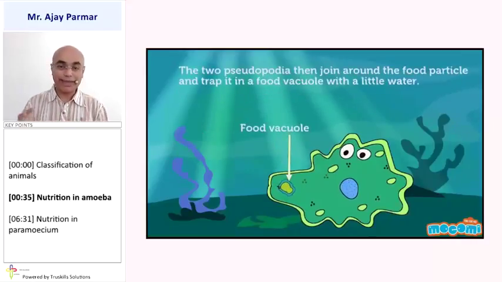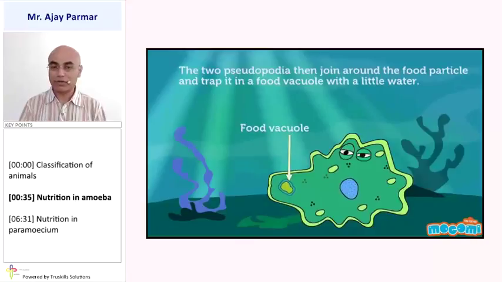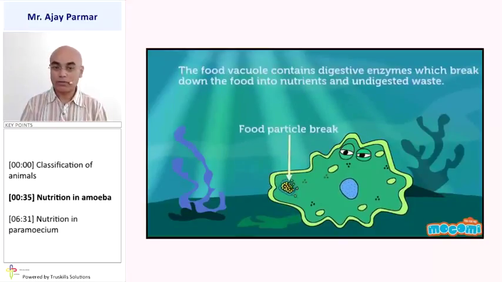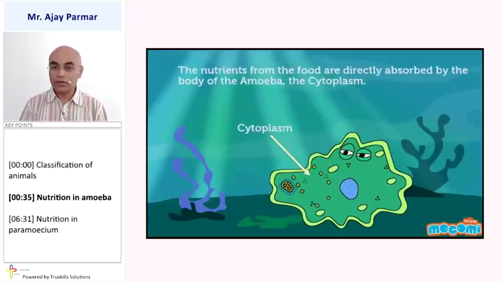That food vacuole will be acted upon by the enzymes of lysosomes, that is the digestive enzymes. So now food particles break and energy will be released, and it will become an integral part of that cytoplasm. So cytoplasm absorbs the food particles.